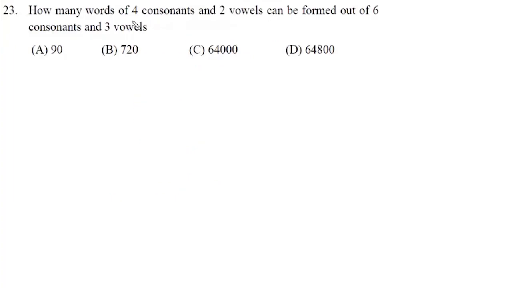Now the question is, how many words of 4 consonants and 2 vowels can be made out of 6 consonants and 3 vowels? Now if we consider that repetition is not allowed, then from these 6 consonants we have to choose 4, which can be done in 6C4 ways, and then we need to select 2 vowels from these 3, which is 3C2, and once we have these 6 letters, we can form factorial 6 words.